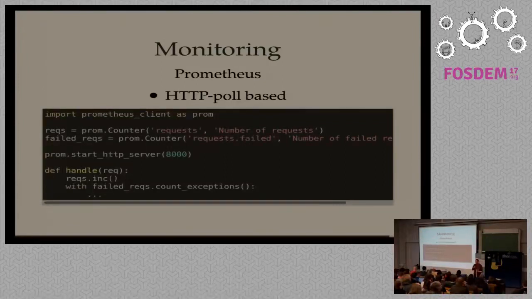But it's still very much poll-based: the server goes around to all instances that it knows, makes a request and gets all the metrics down. Despite it being HTTP, the actual wire format is quite special. It's either some text format or protocol buffers, I think. So it's easiest to just use a client. They have an official Python client, of which this is a very primitive example.